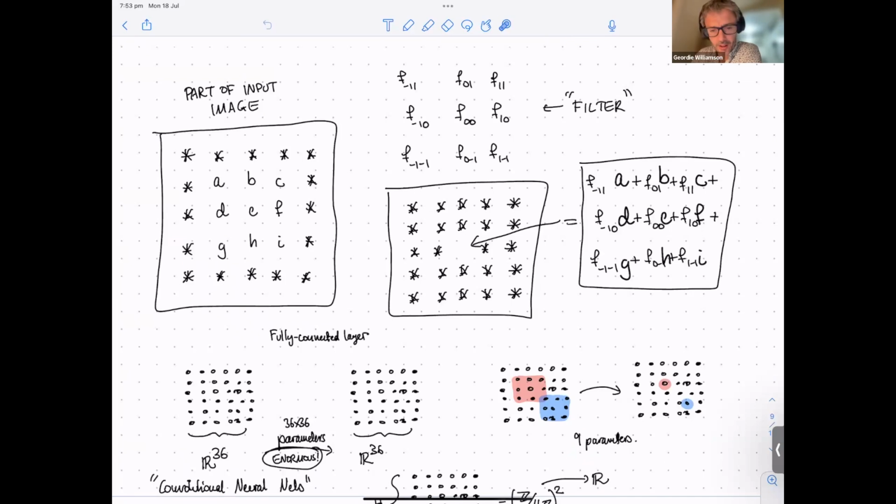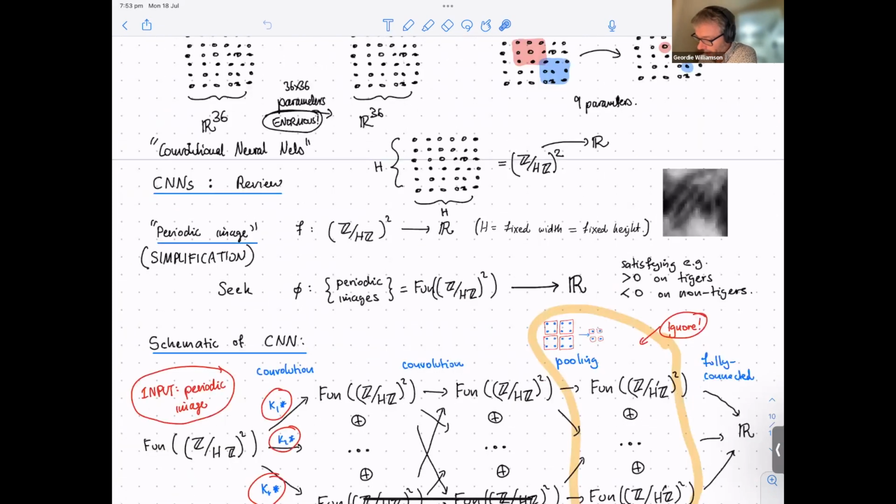Did that make sense? The point that I'm trying to get across here is that in this neural net down here, you would have several of these layers, but each one of these arrows would just require something like 9 parameters.